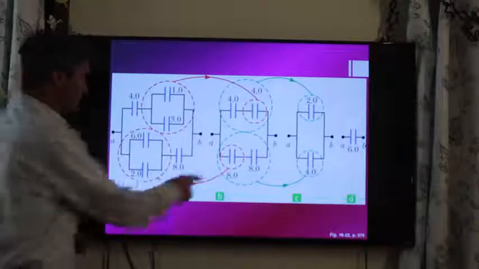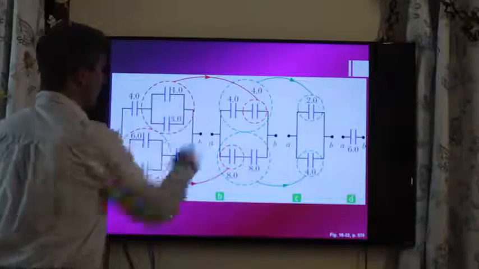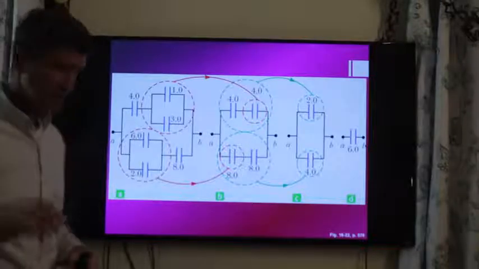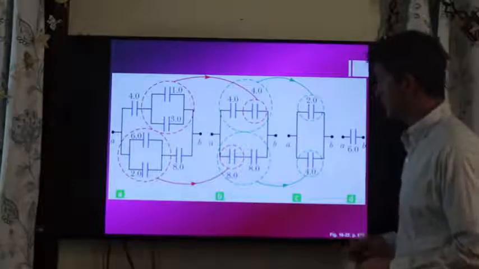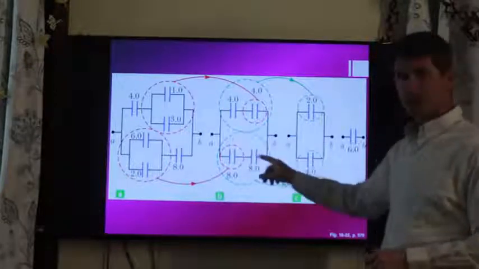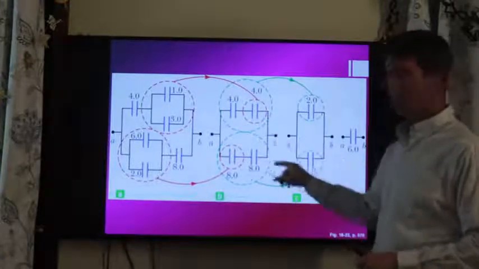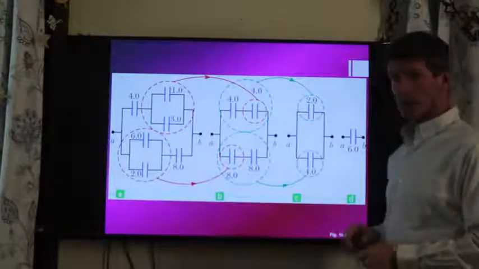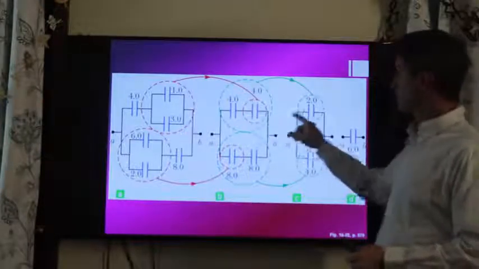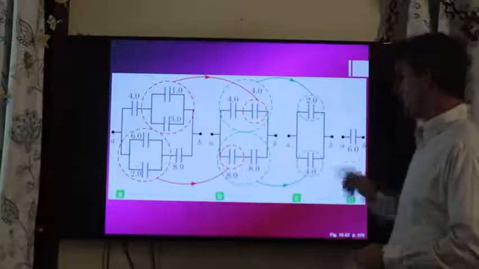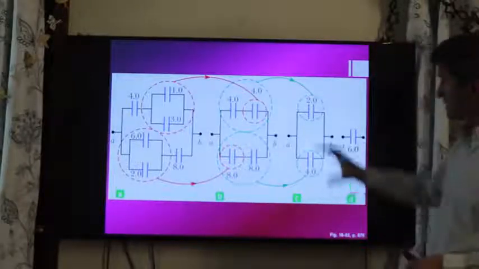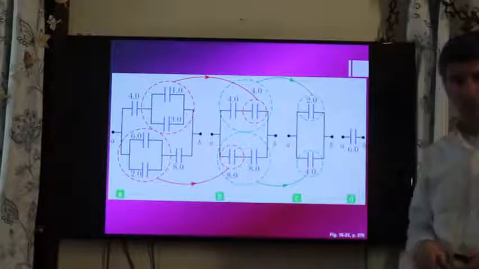These two become this, these two become this. We're left with, instead of 6 capacitors, we're left with 4 capacitors. Now I have series and series. These two sets of series are in parallel with one another. So these two series become 1, these two series become 1, and then finally the two parallel, this one and this one, can reduce to this one.